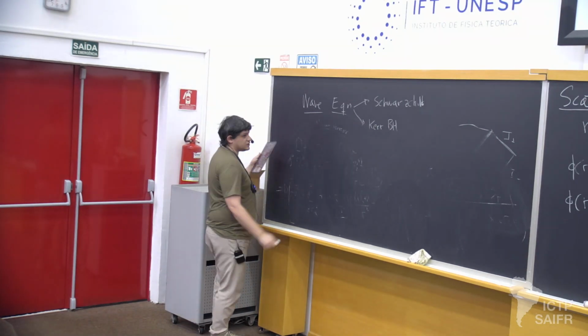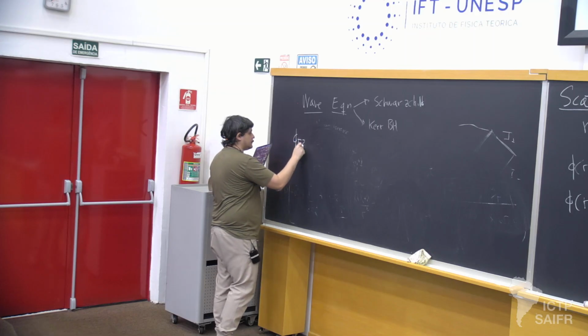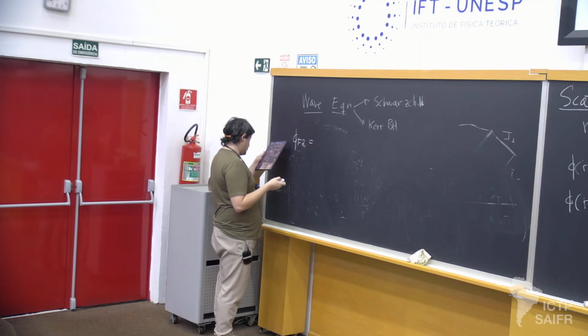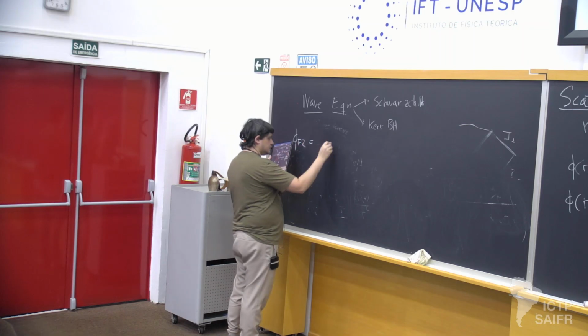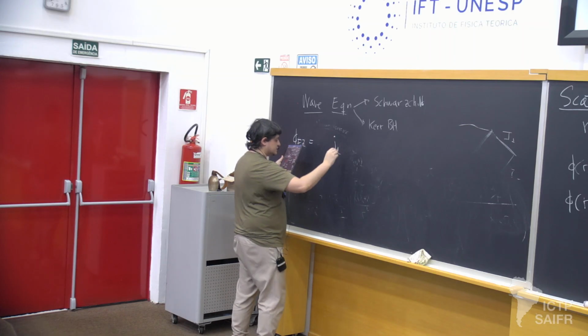Okay, so it turns out if you expand the far zone equation, you can find an approximate solution in the far zone that looks like this. And this is actually not hard to do in the basis I just gave.